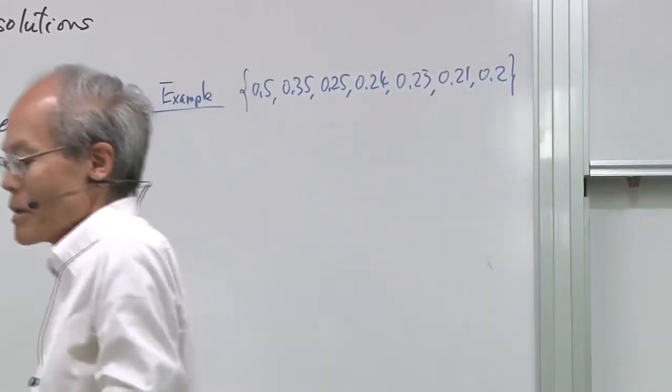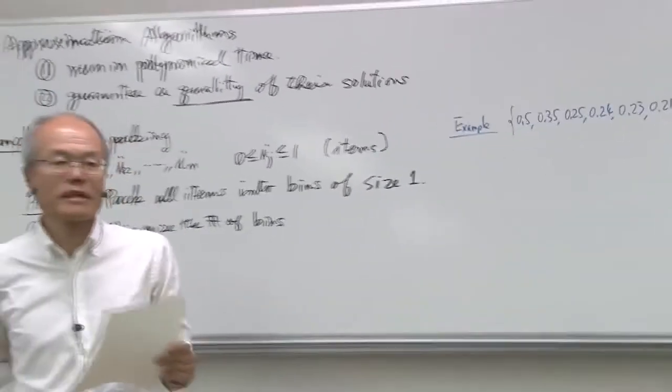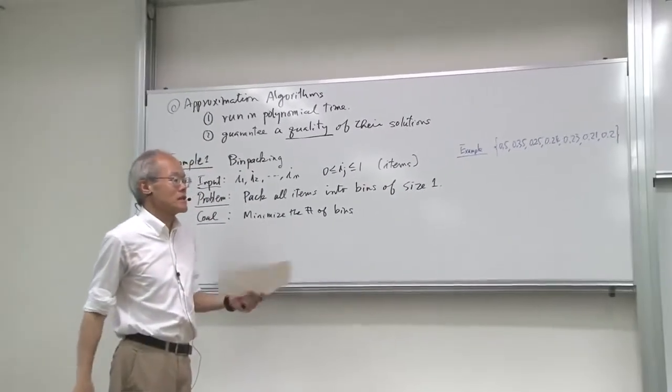So in this simple example, we have 7 items.